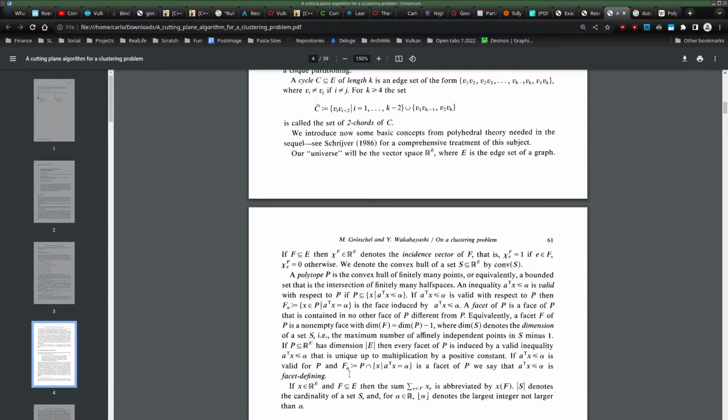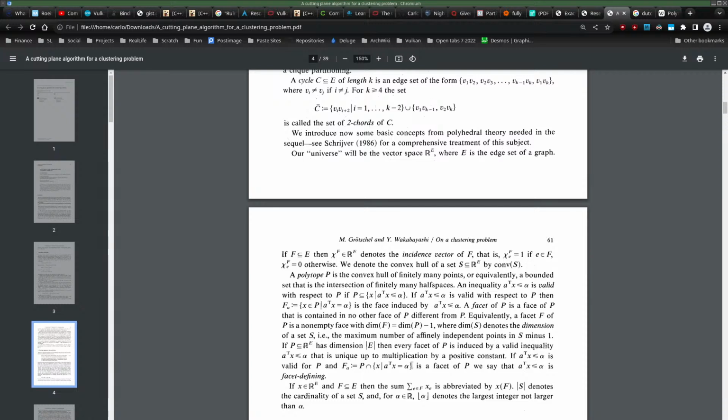If a^T x is less or equal alpha is valid for P, and F_a is defined as the intersection between P and the surface of the cut.